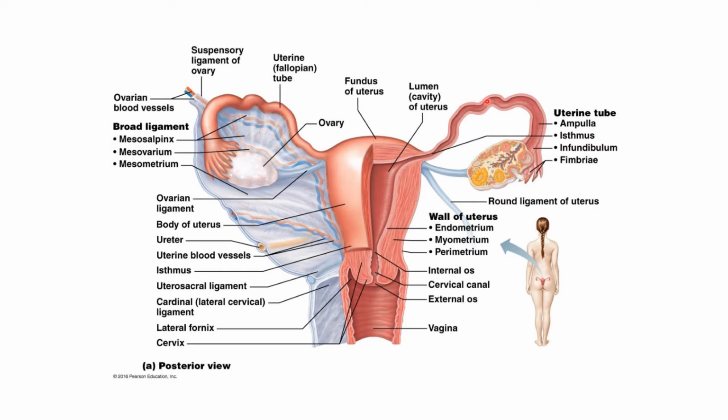If a sperm meets an egg while it's in the fallopian tube, fertilization might occur. If fertilization does occur, then the fertilized egg is going to move its way down to implant itself into the uterus, and this is where the embryo is going to grow.